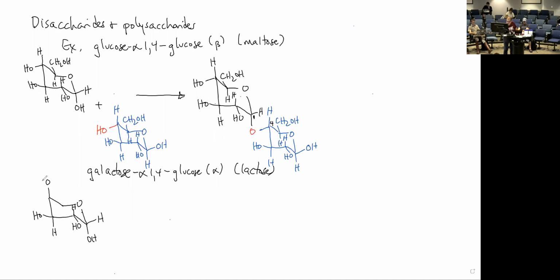So instead of this OH being equatorial, it's axial. But as I've said, I don't really care. If you memorize that, I don't see any need. Because if I needed you to draw galactose for some reason, I could just tell you it's just like glucose, except it differs in configuration at carbon 4. And that's all I would need to tell you.